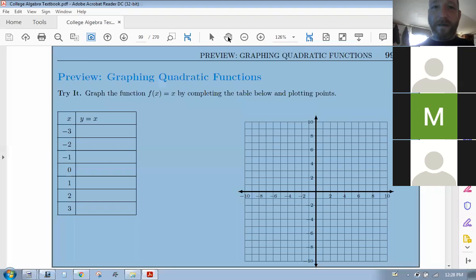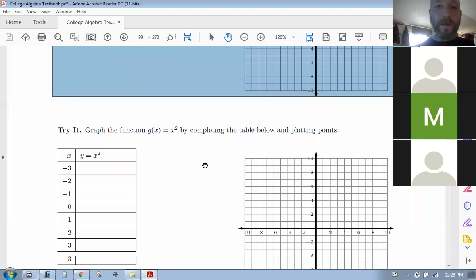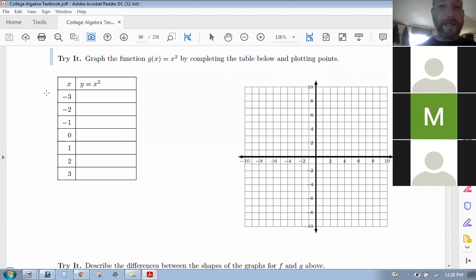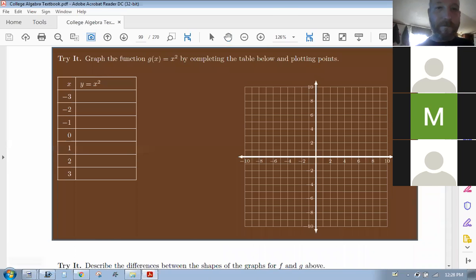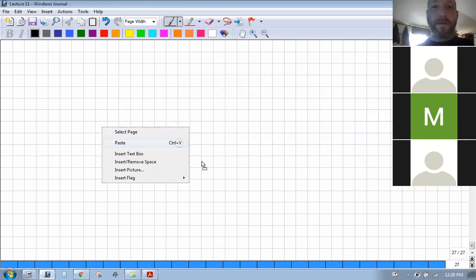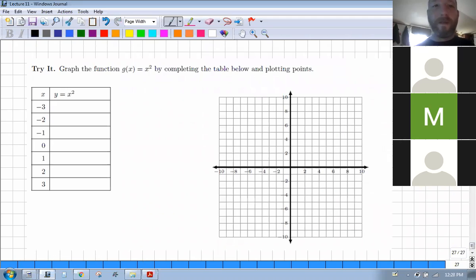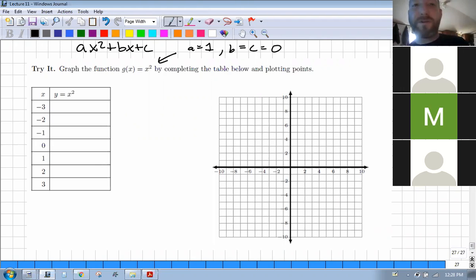Now this guy here, this is your most basic quadratic. X squared. All your quadratics look like this. This one is just A is 1, B and C are both 0. It's your most simple quadratic.